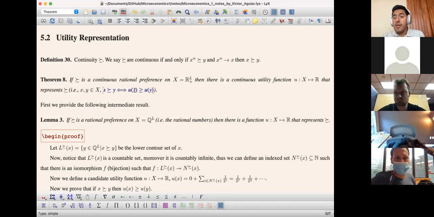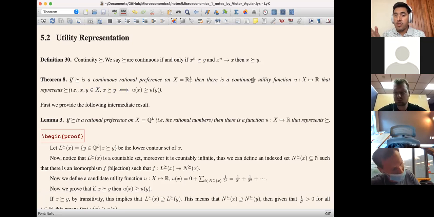So it's a representation theorem. It's an if and only if statement. Namely, the only property we're imposing here is that the utility is continuous. As we progress through the chapter, we're going to add more properties to the utility function. Right now, this is the only thing we need.